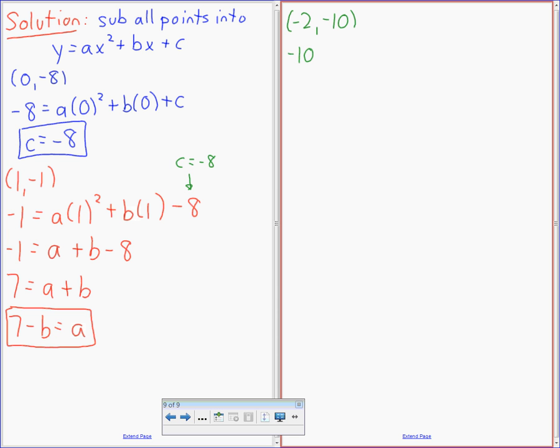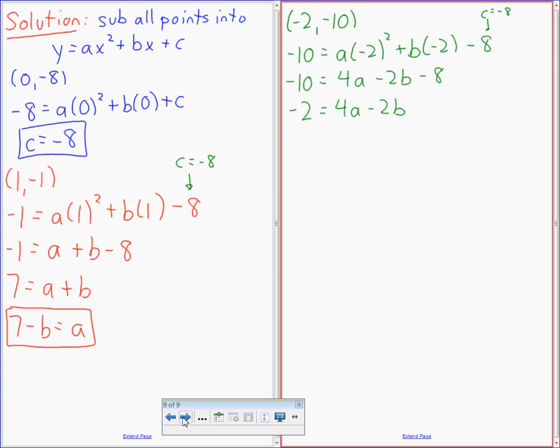So negative 10 equals a times negative 2 squared plus b times negative 2, and then I'm going to say minus 8. And once again, this is because c equals negative 8. All right, Caleb, what's negative 2 squared, please? Good. I call that then negative 2 equals 4a minus 2b.